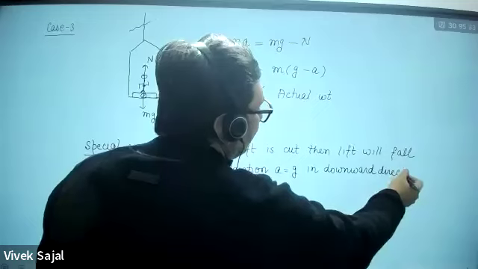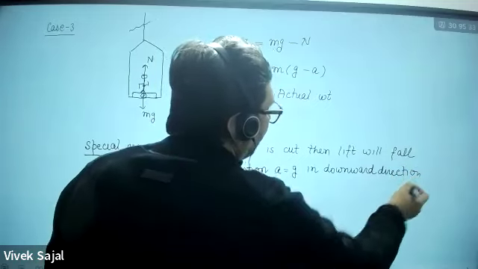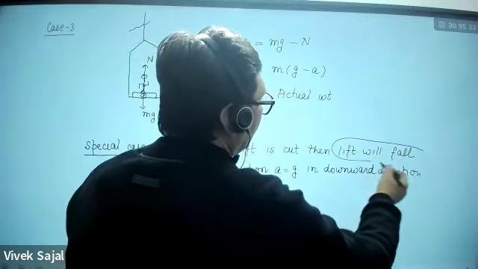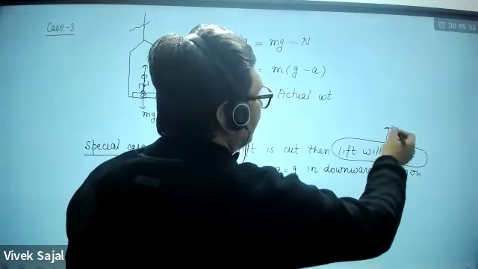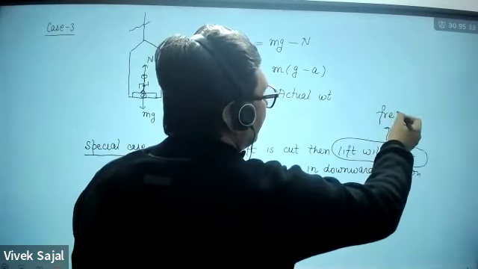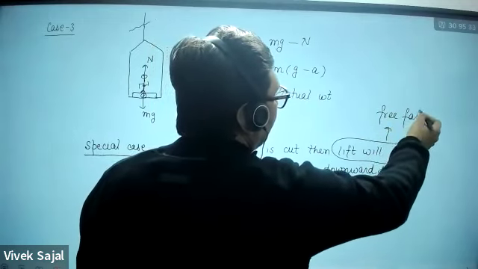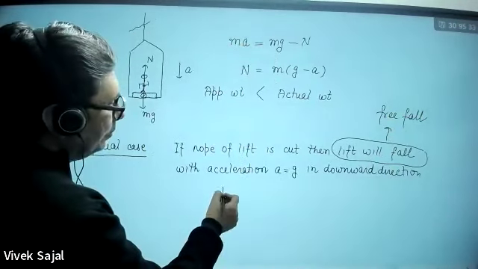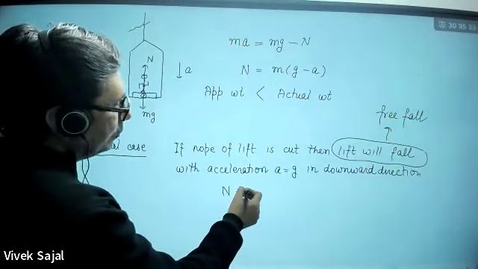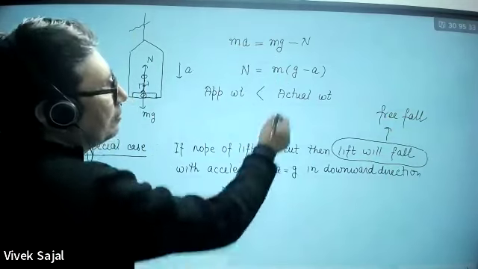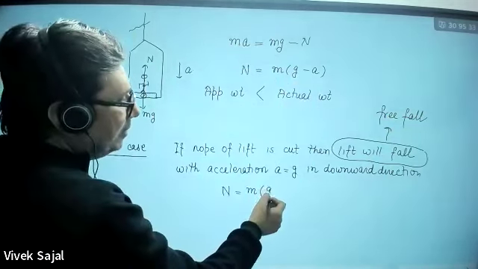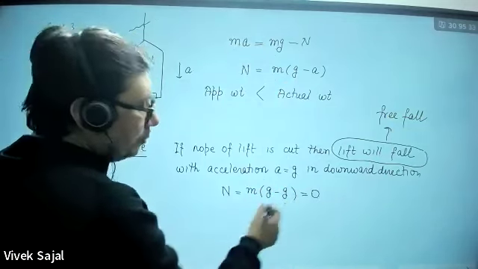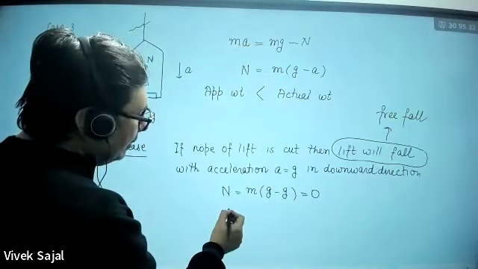This is also known as free fall, ठीक है? So what will be N here? This will be m(g minus a). So this will become m(g minus g), and that will be 0. So what will be the reading of the machine?